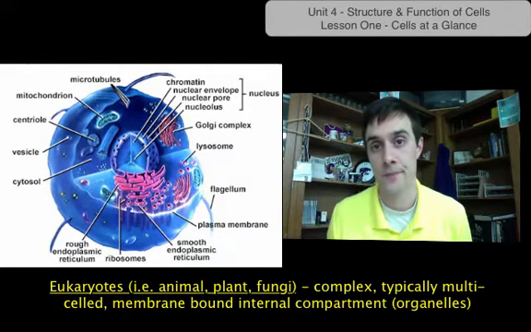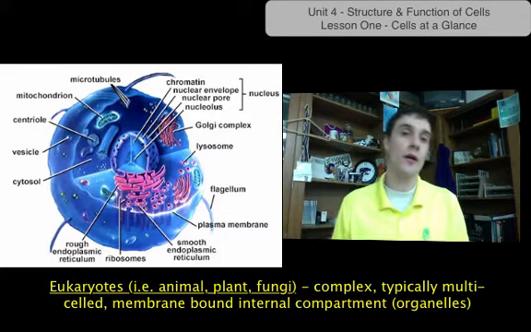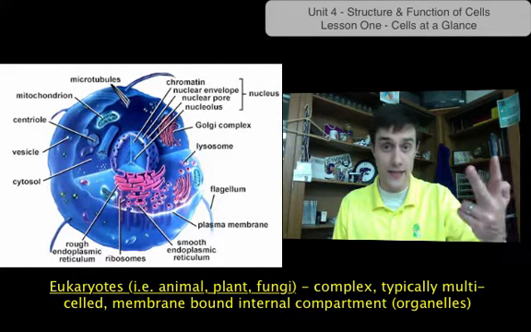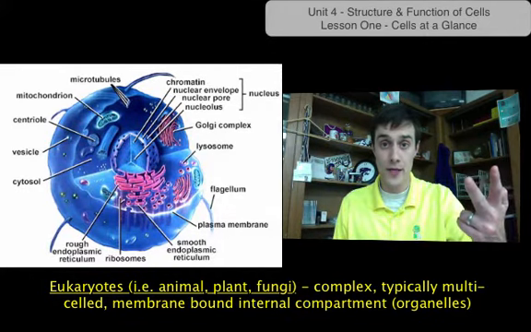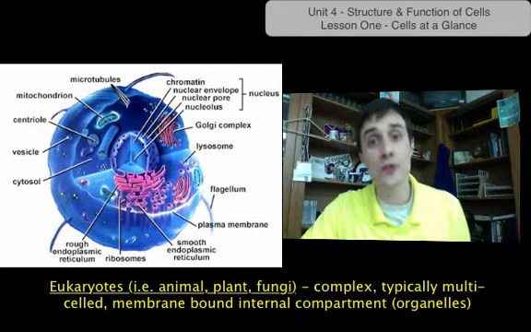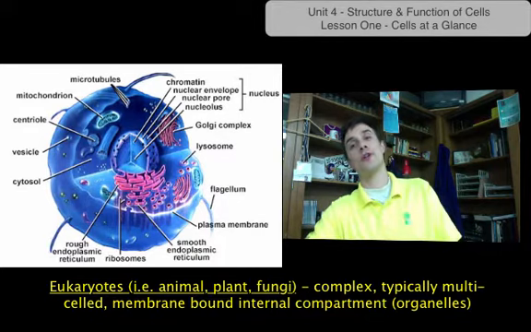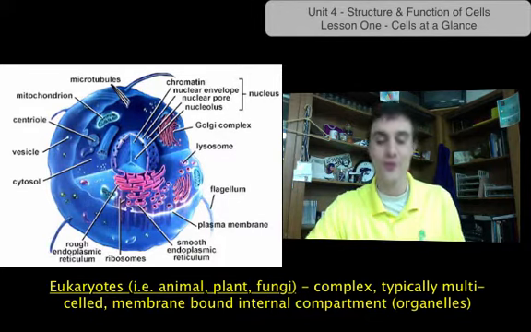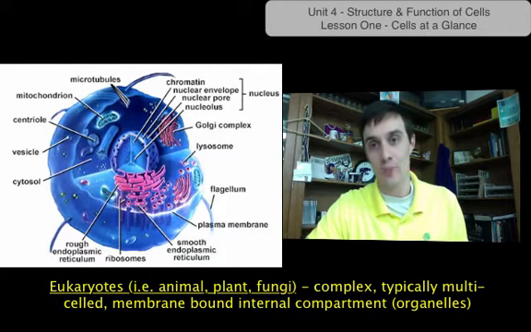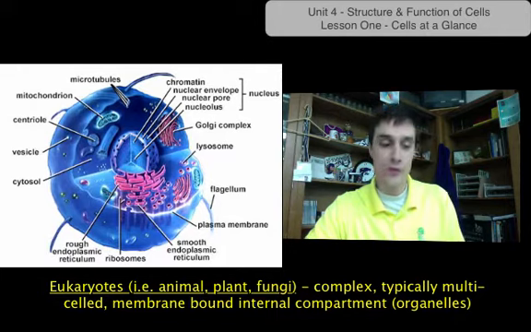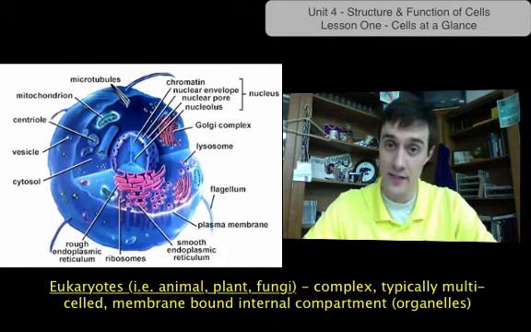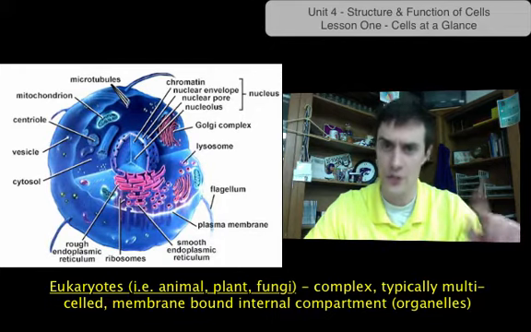Prokaryotes do not. Typical eukaryotes would be animal cells, plant cells. You could also have some single-celled eukaryotic organisms, stuff like protists. But most of the time when you're looking at a eukaryote, you're talking an animal or a plant, and most of the time you're talking about an organism that is multi-celled, has many cells, not just one.